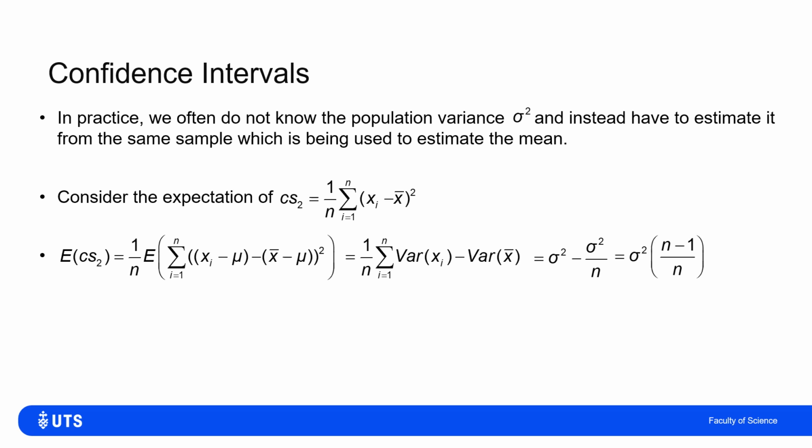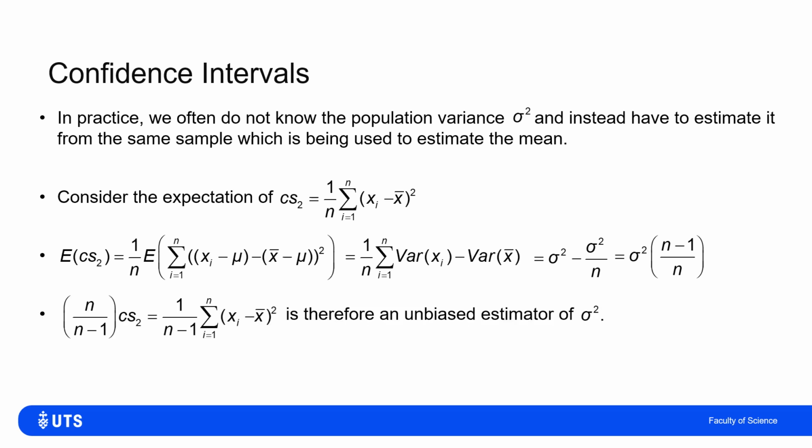So if I want an unbiased estimator, I'd have to correct by this factor of n over n minus 1. Let's say we work out the second central sample moment and multiply it by n over n minus 1 and say, well, I don't know what sigma squared is, but I've got an unbiased estimate of it.